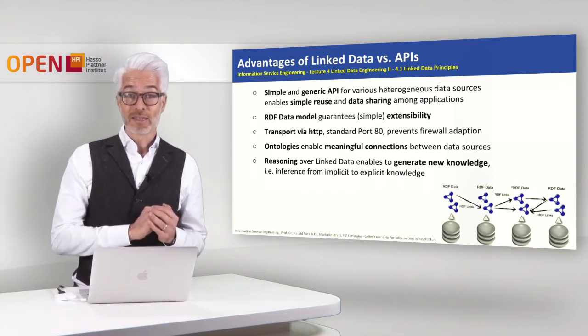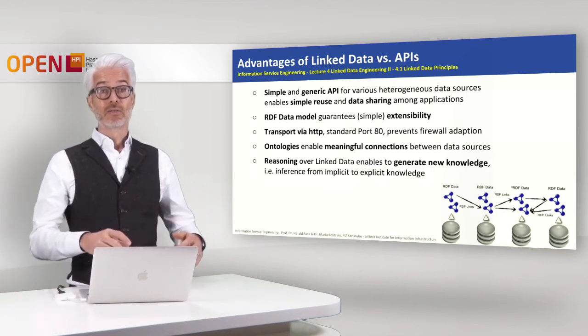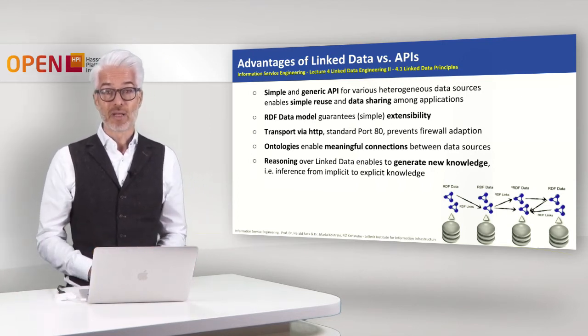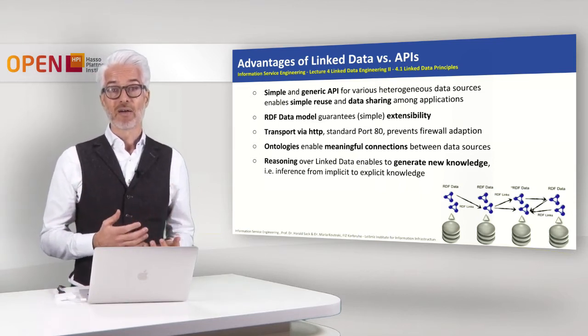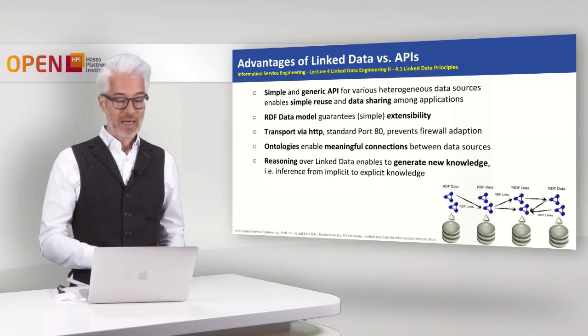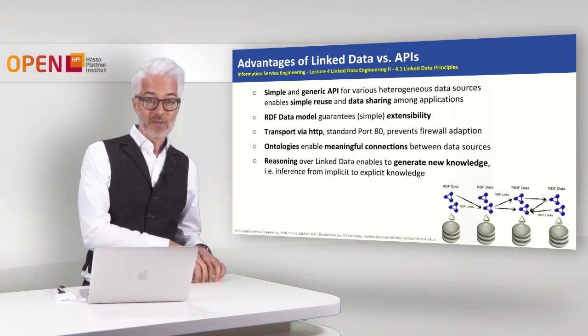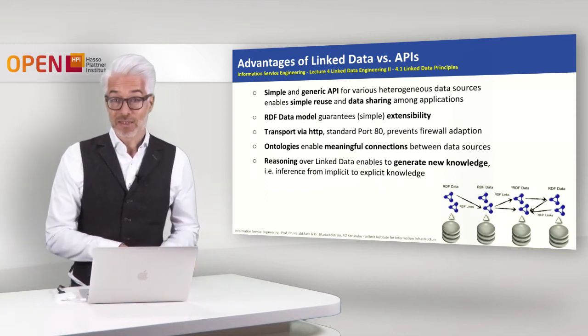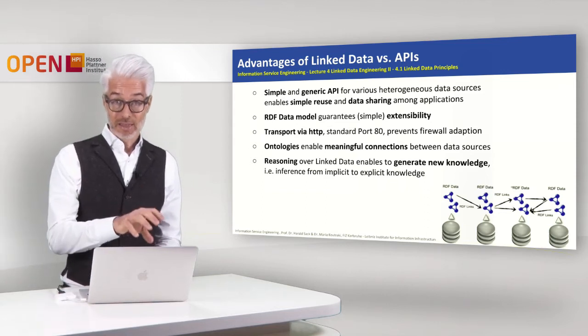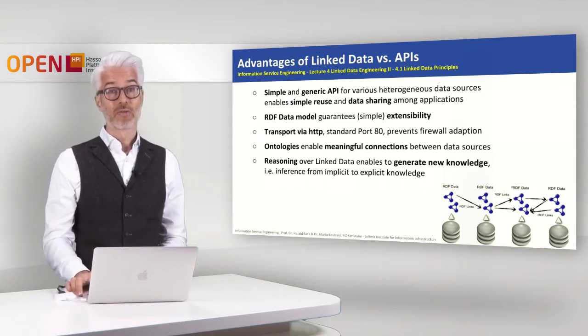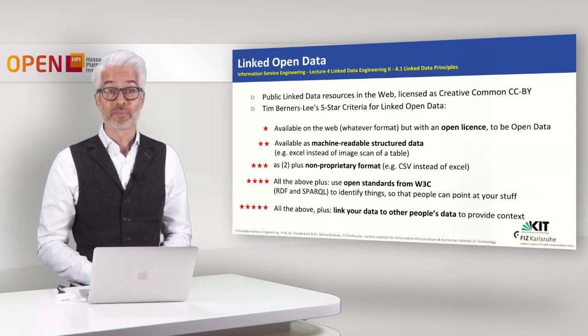So this is a formal semantics which enables us to do reasoning over linked data and enables us to generate new knowledge via an inference mechanism. So we can deduce implicit knowledge and make it explicit knowledge. So this is a huge advantage of linked data versus the traditional API. So therefore, all of us should make use of it.